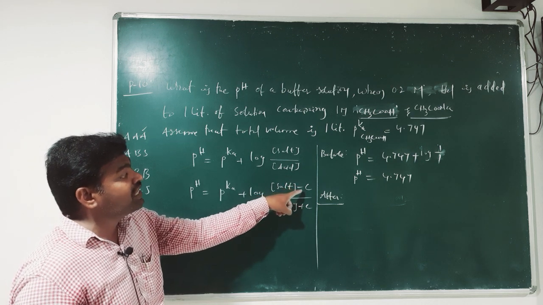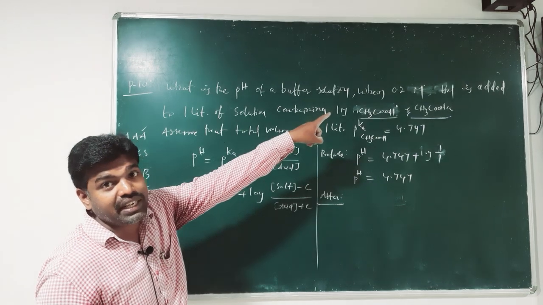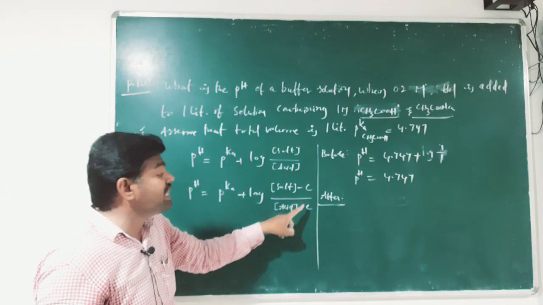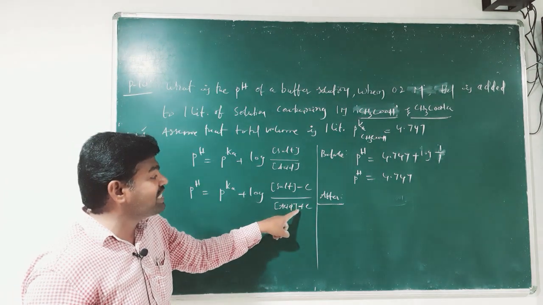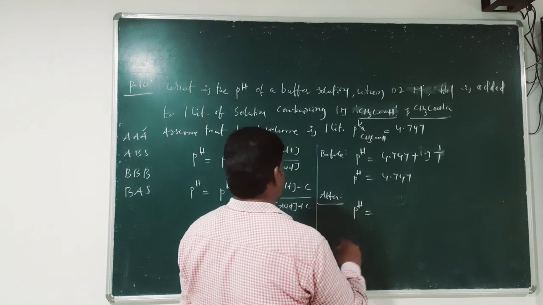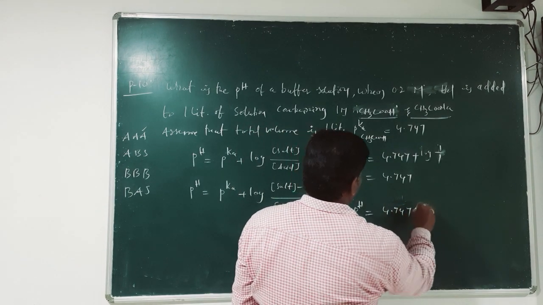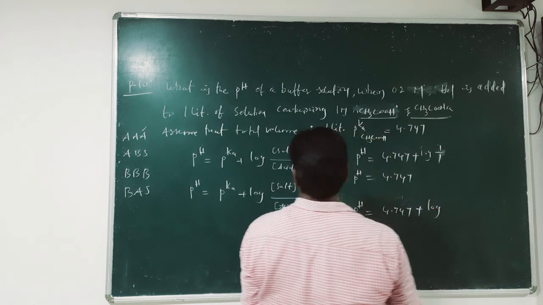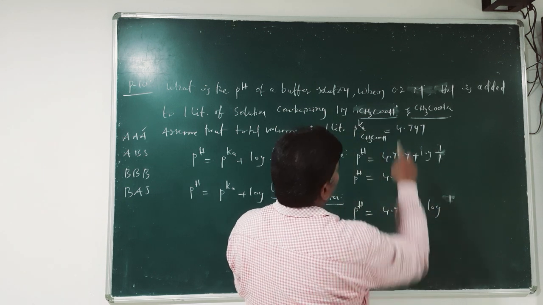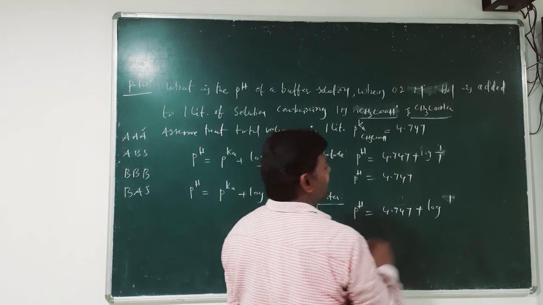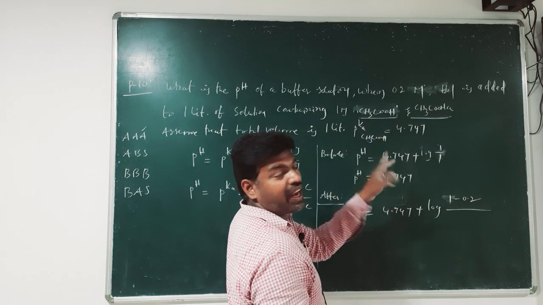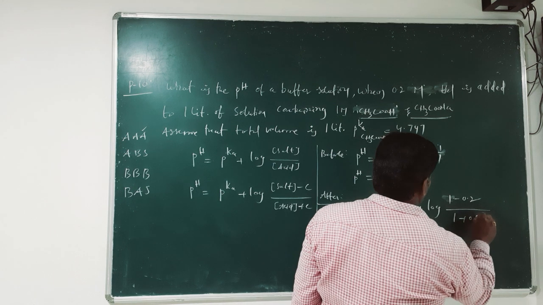The 0.2 molar concentration of HCl is decreased from the salt concentration, and that much concentration increases in the acid concentration, that is acid plus C. So pH after acid addition is pKa, 4.747, plus log of salt concentration, which is given as 1 molar, minus 0.2 over 1 plus 0.2, since we are adding 0.2 molar HCl.